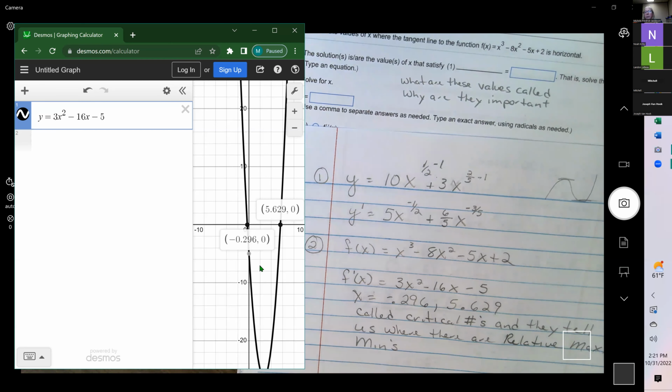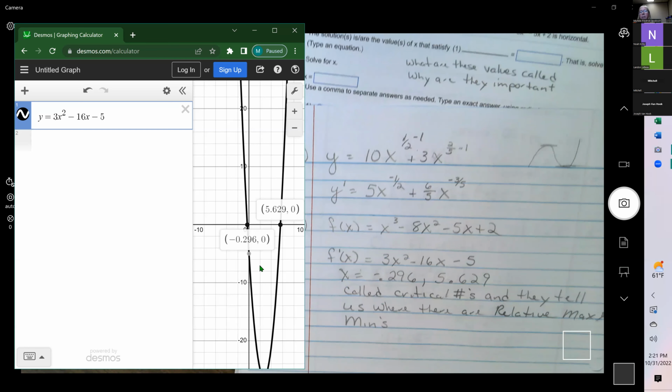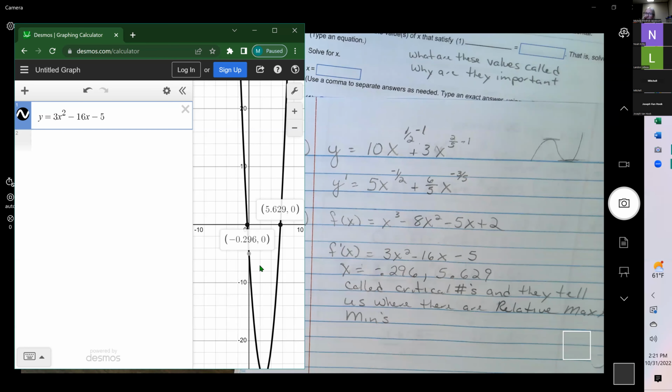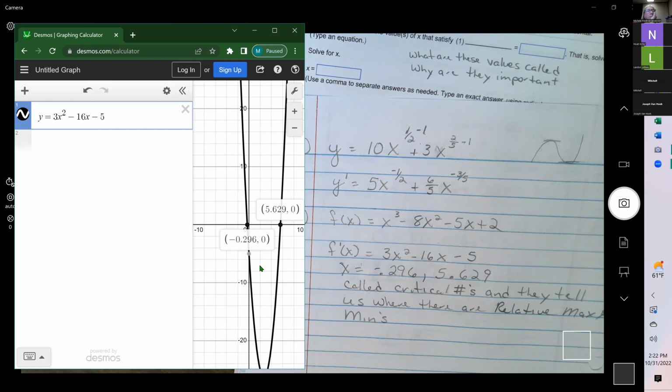So they tell us where there's a relative max or min. Any questions on that?